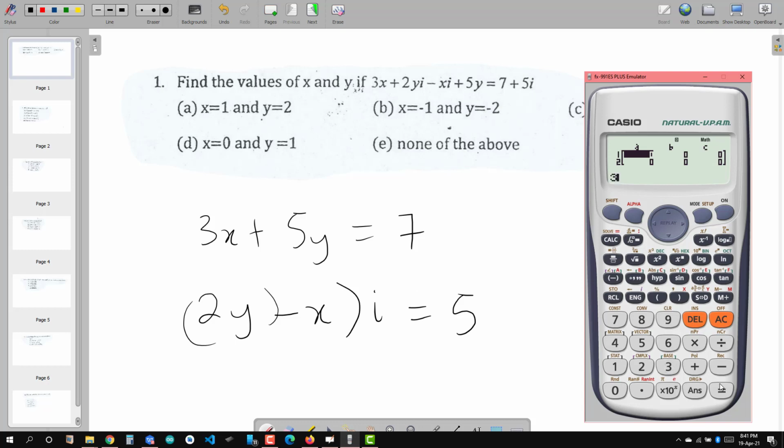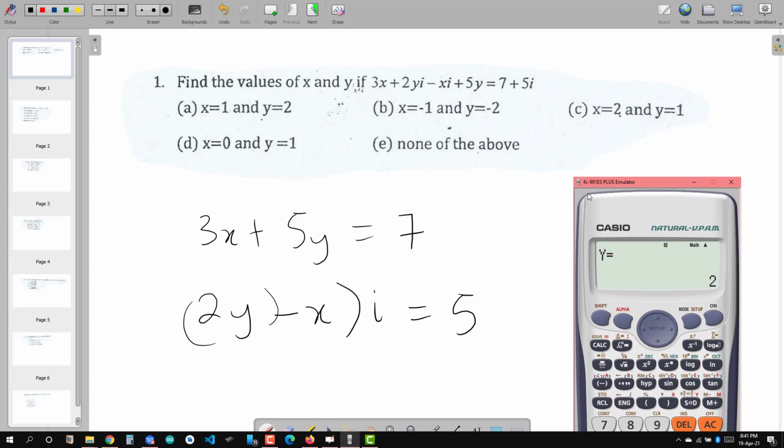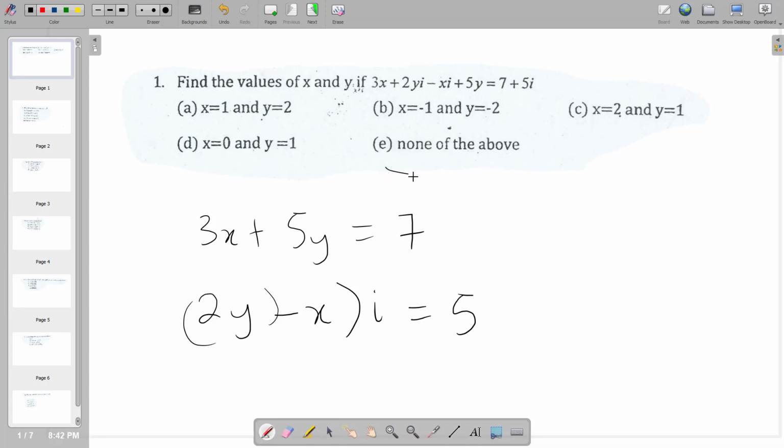So 3x plus 5y equals 7, and then negative 1x plus 2y equals 5. Enter. So we expect our x to be negative 1 and our y to be 2. As you can see from here, we don't have x as negative 1 and y as 2. So the answer is none of the above.